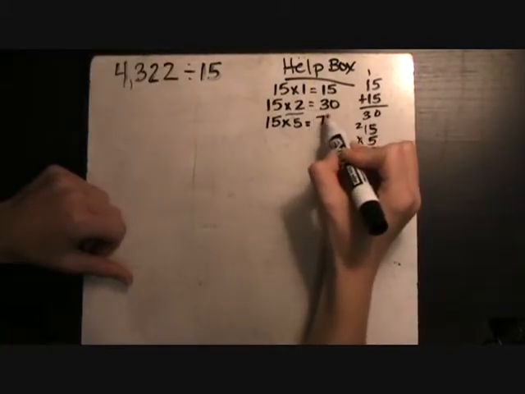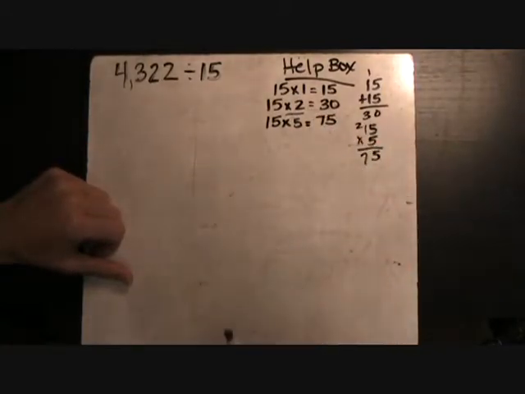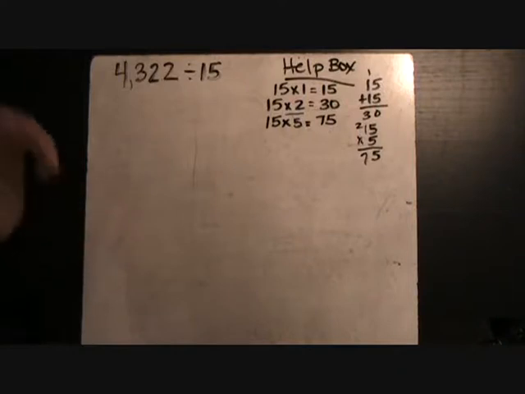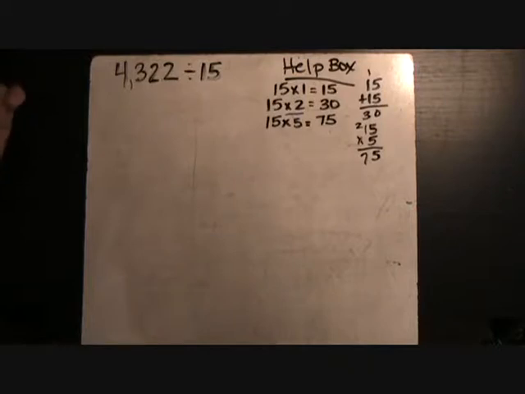So 15 times 5 is 75. You as a student decide which multiplication tables of 15 you want to put down. I could also do 15 times 6, times 7, times 8, and times 9, but those are generally ones that students have problems with, so I'm going to stick with just 1, 2, and 5.